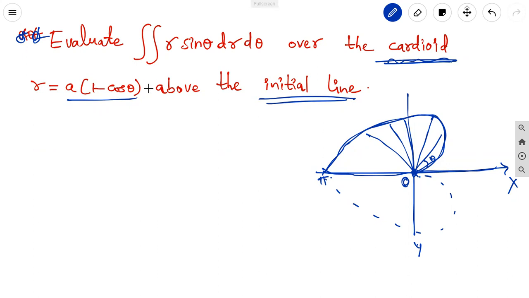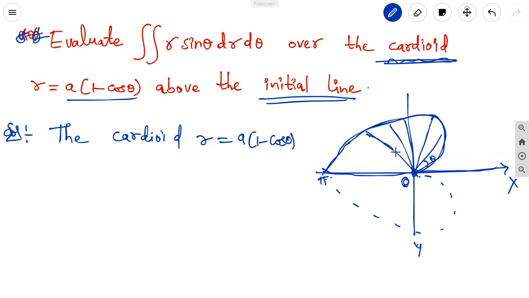Okay. For this, first we write some explanation about the problem. The cardioid r equal to a into 1 minus cos θ. This is this line. Okay, this is the radius. What is this? r equal to a(1 − cos θ). If θ equal to 0, then 1 minus 1 is 0, then 0 into something.